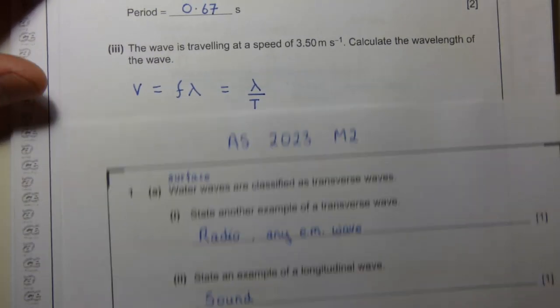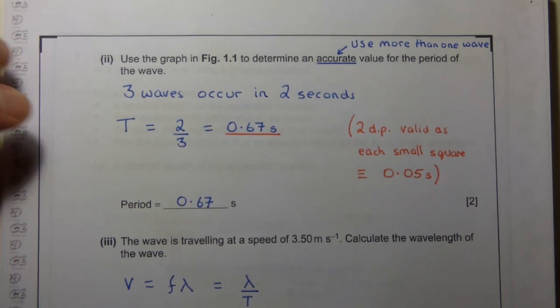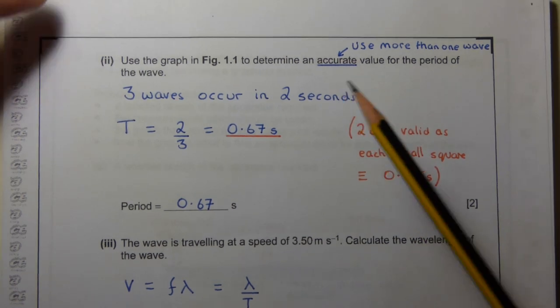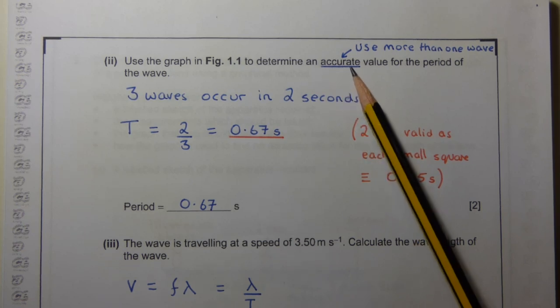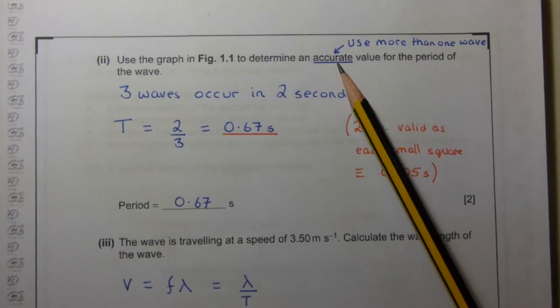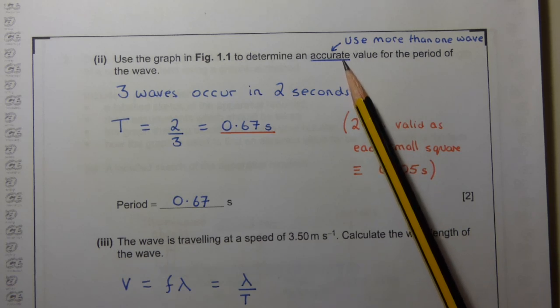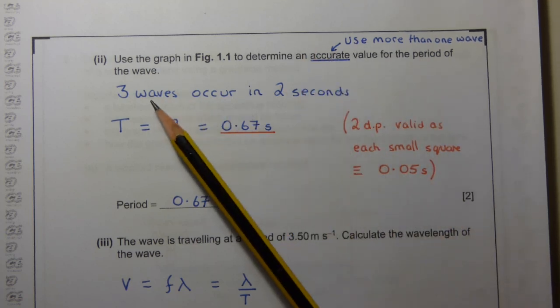Part 2 then asks you for an accurate value for the period of the wave. Now, if they ask you for an accurate, there's been a lot of debate about the difference or the similarities between the word accurate and reliable. Anyway, this time it's accurate, and what that implies is you don't just look at one wave. In fact, it's going to be quite appropriate to use 3 waves.